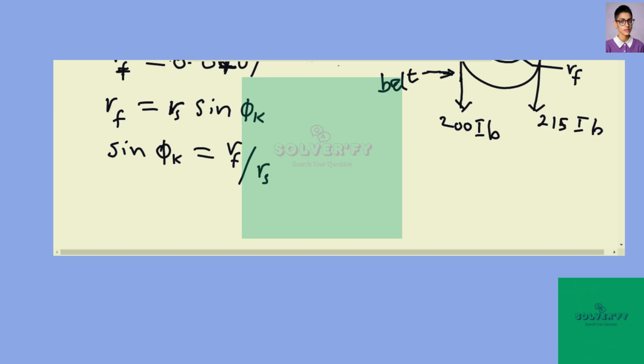When we do that, we arrive at the value. The radius of the shaft is actually 1 inch. You can get the radius of the shaft from the diameter given there as 2 inch, so when you divide it by 2, you have 1 inch.